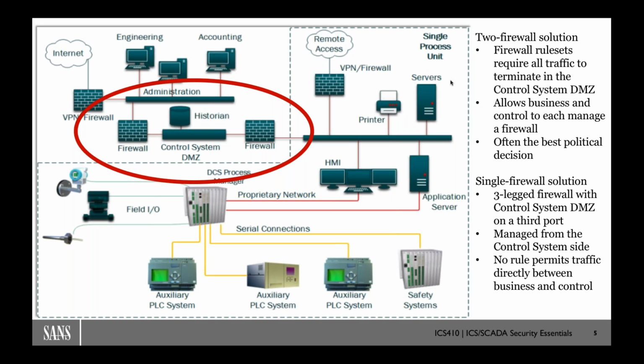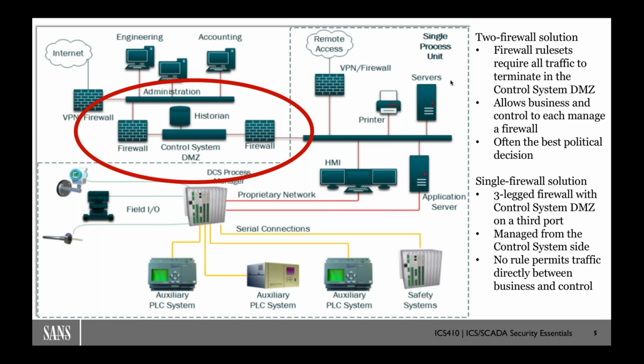Now 800-82 calls out that for a strong perimeter, we should have not just a firewall, but a demilitarized zone between the business network in the upper left and the control network in the lower right. We can see in this diagram they have placed firewalls on either side, and this allows us to control everything going into the control system DMZ and out of it.